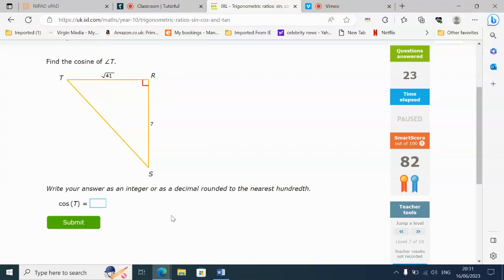So you divide square root of 41 by 7. Square root 41 is 0.9147. So now we need to do it to the nearest 100, don't we? So it'll be 0.91. Right. Sure, they'll give us the answer if we didn't.